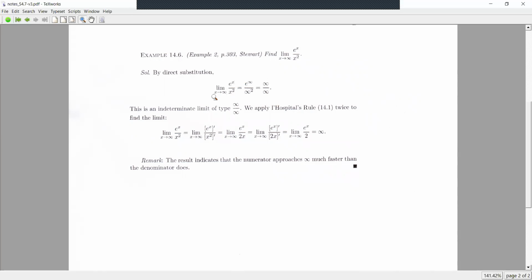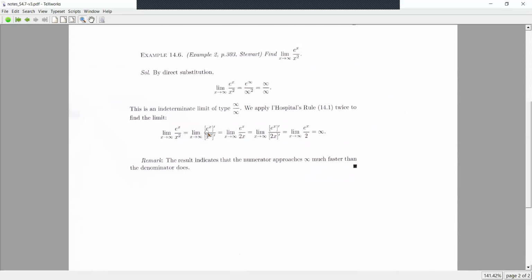As x approaches infinity, x squared also approaches infinity. So we get infinity over infinity. This is an indeterminate limit of type infinity over infinity. So we can apply L'Hopital's rule to compute this limit.